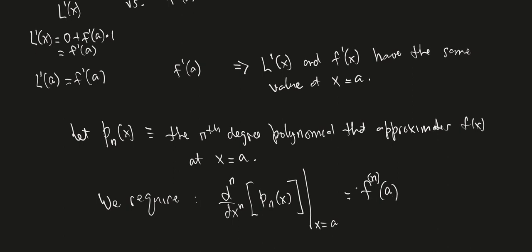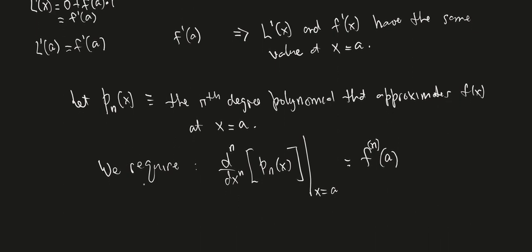So not only do we want the function value and the first derivative to be equal, but all the derivatives up to the nth derivative, and that will give us a way of figuring out this polynomial. So how on earth do we do this?